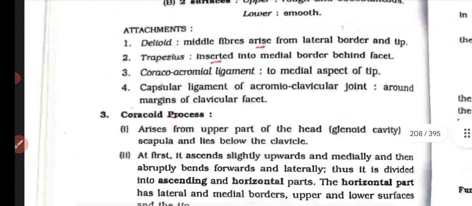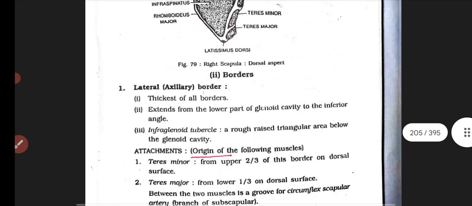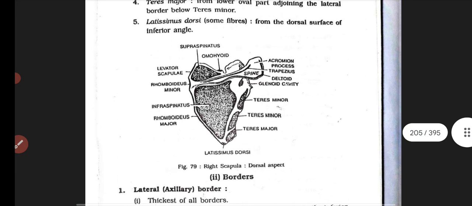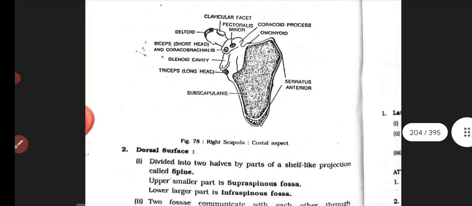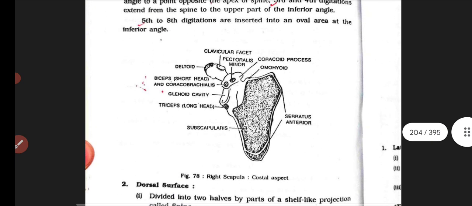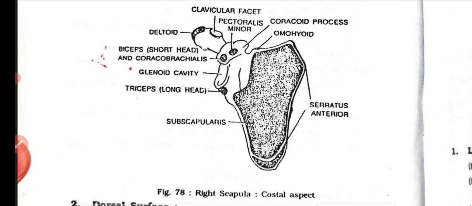Okay, so go to the picture of the coracoid process. This one is the coracoid process, which lies forward from this point.